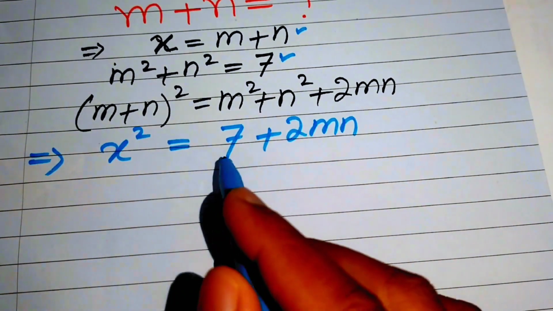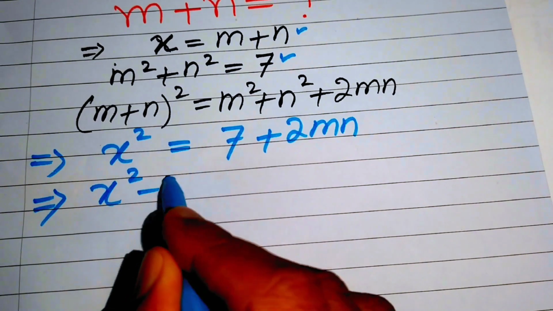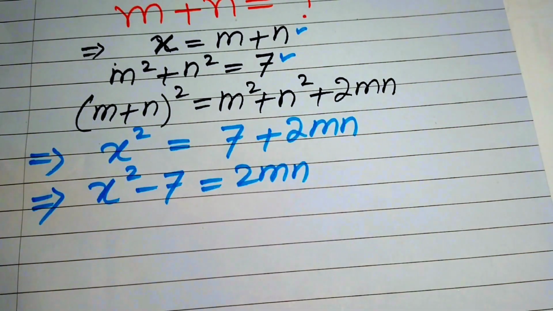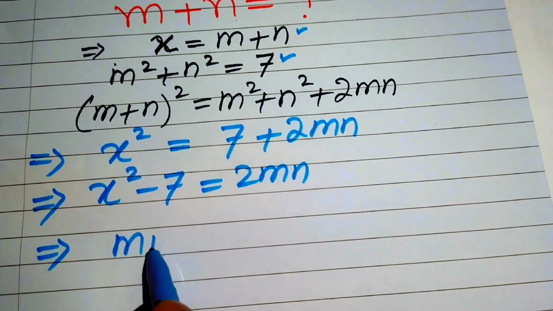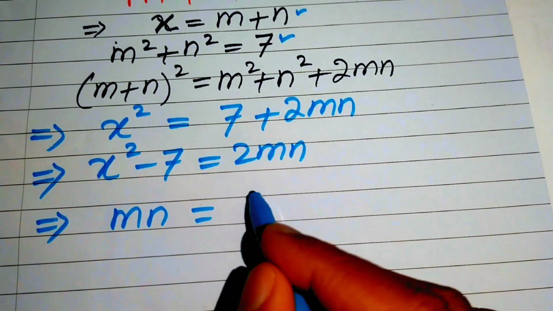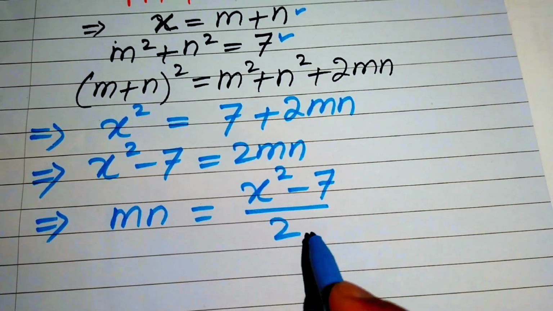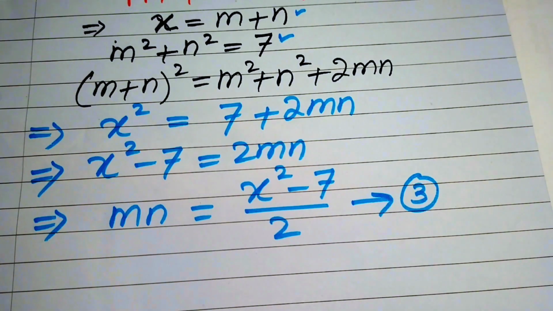And here we move the 7 to the left hand side, and we get x square minus 7 equals 2 times m multiplied by n. Now we separate the value of m multiplied by n. So m multiplied by n equals, we move this 2 to the left hand side, x square minus 7 divided by 2, and we call this equation number 3.